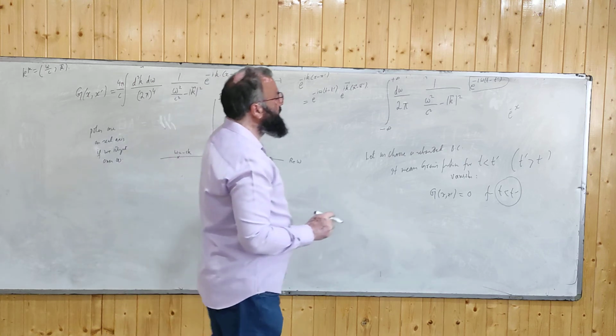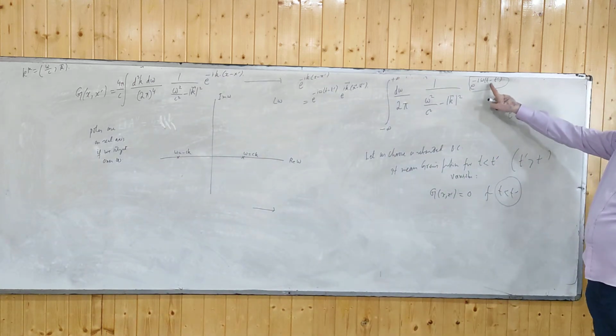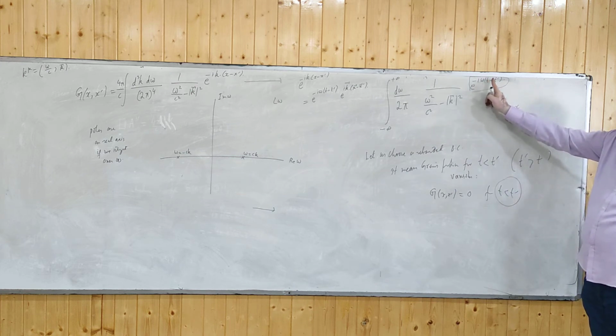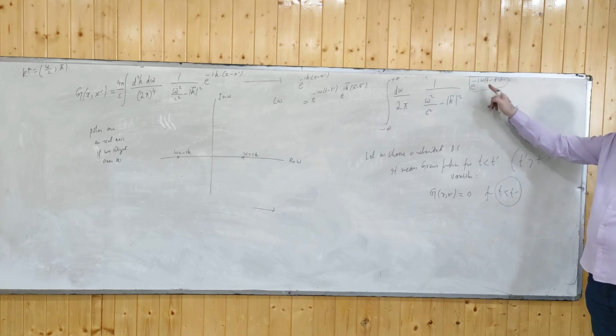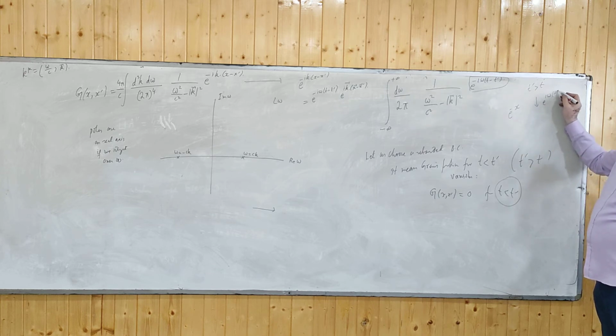Why is that important? Now look here. When t prime is greater than t, the exponential is e raised to minus i omega t, and with t prime it will be a positive factor, is it? So what will make it damp? The exponential is e raised to i omega (t prime minus t), so this is now a positive factor.